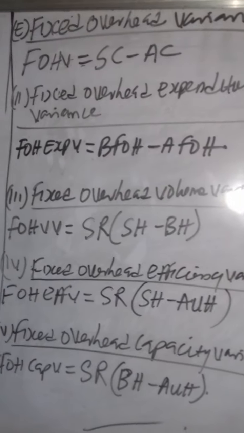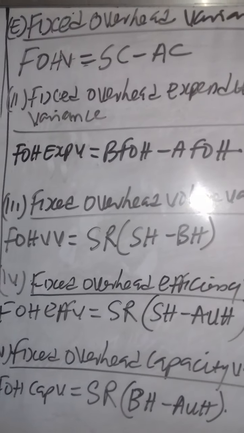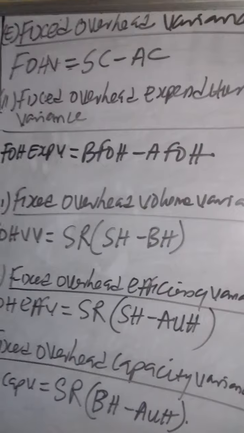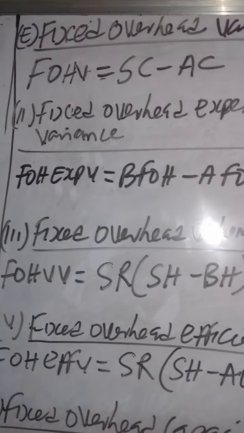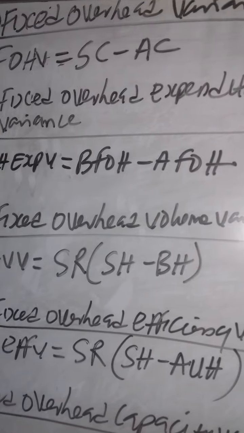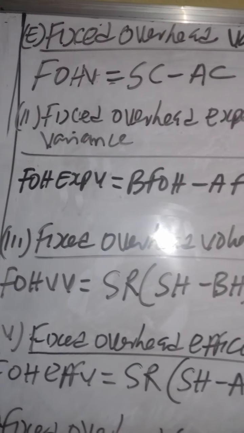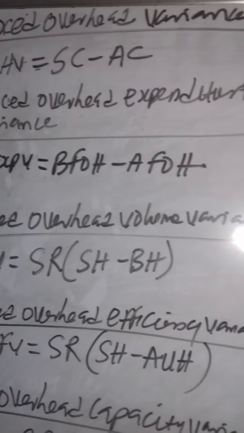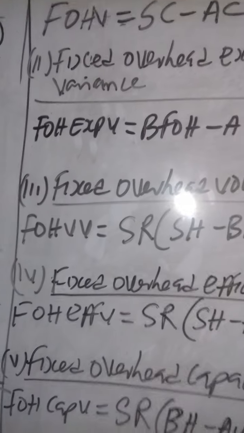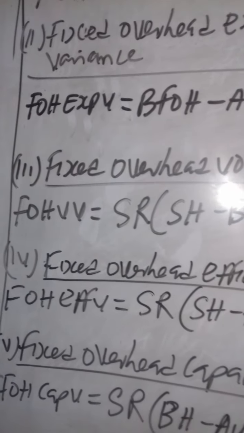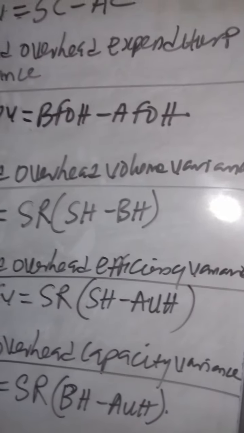All right, the last one here is fixed overhead variance. Simply, it's the difference between standard fixed overhead cost minus actual fixed overhead cost for the period. And this is subdivided into four different areas.